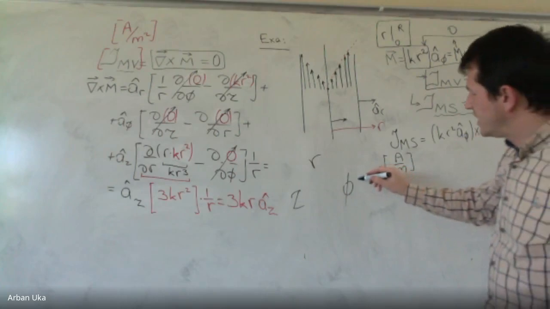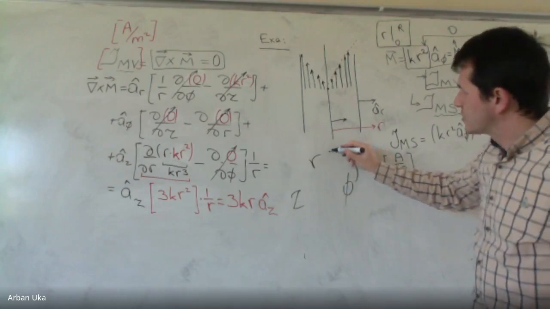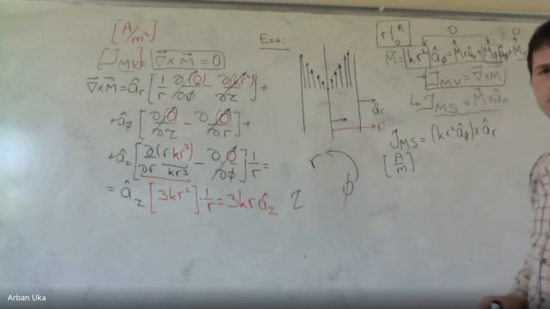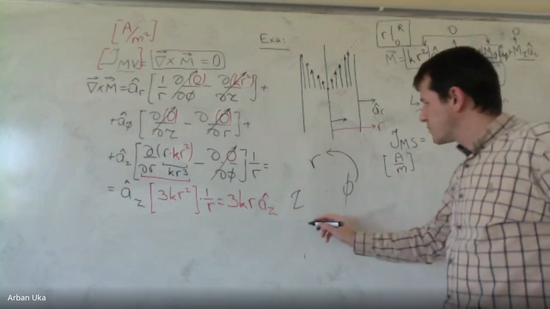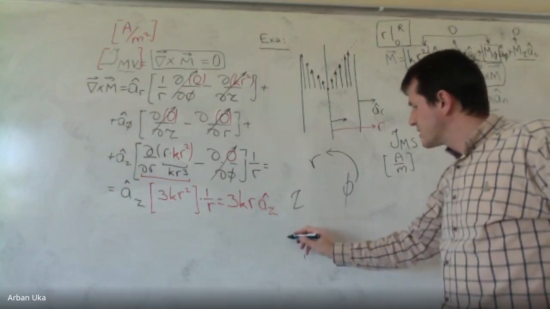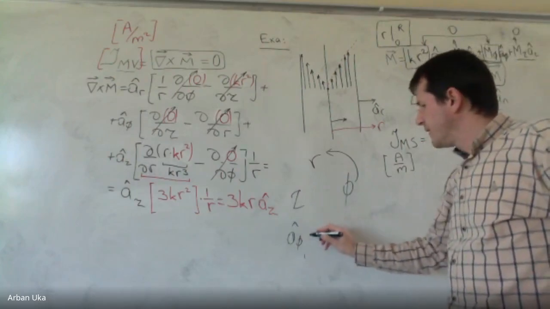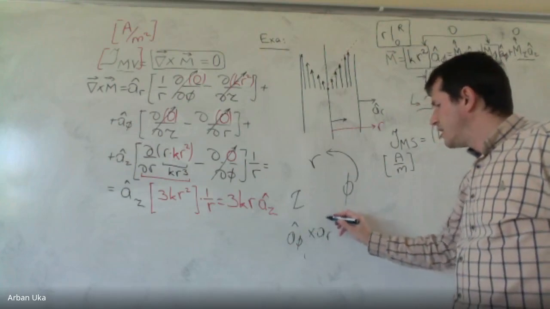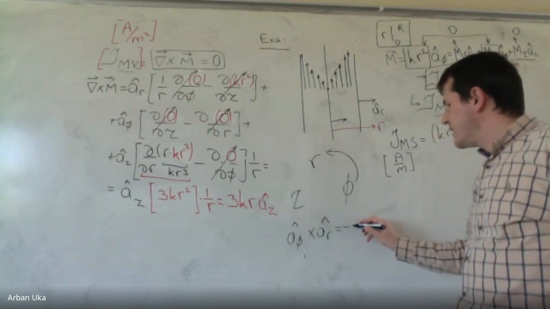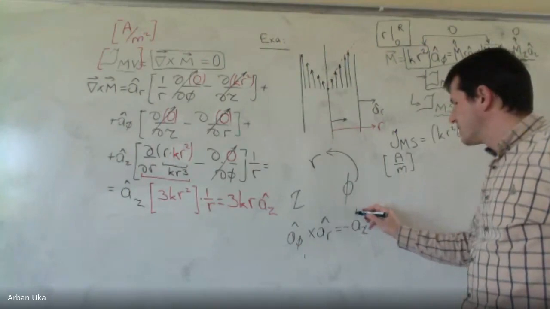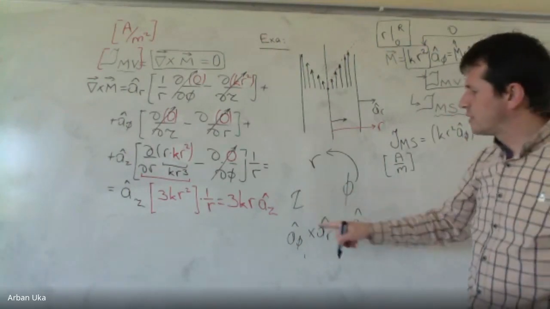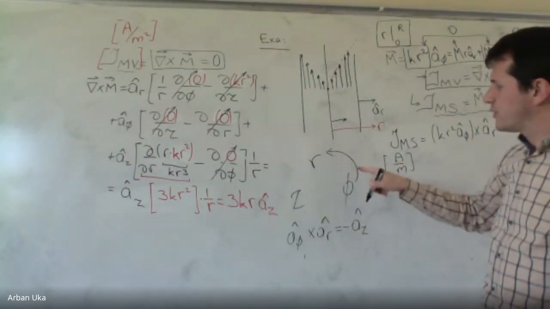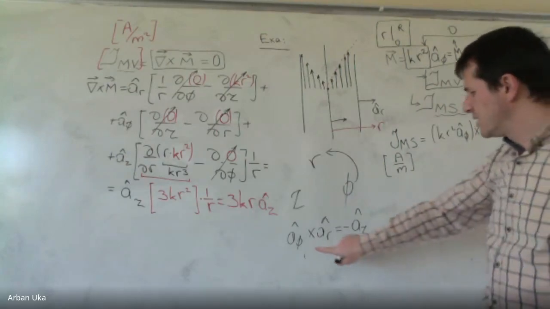It's going this way, so we're going counterclockwise. Since we're going counterclockwise, the result of A phi cross AR is going to be minus AZ. The result will always be the third one, but the direction, clockwise versus counterclockwise, matters.